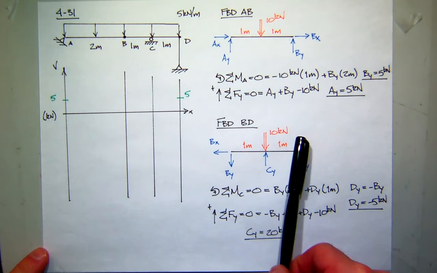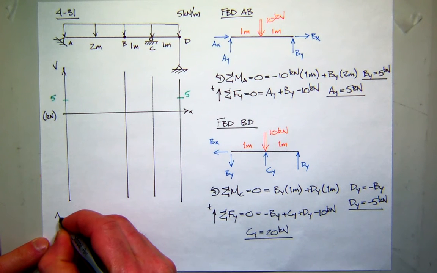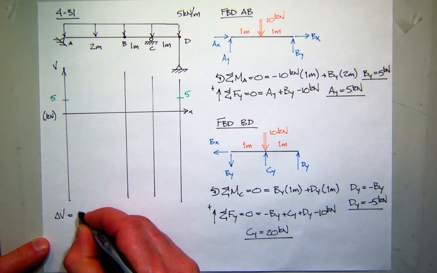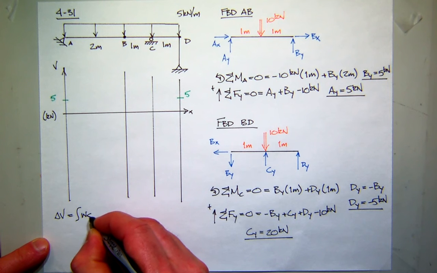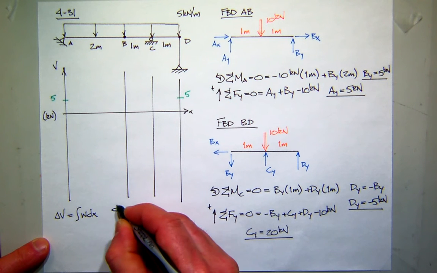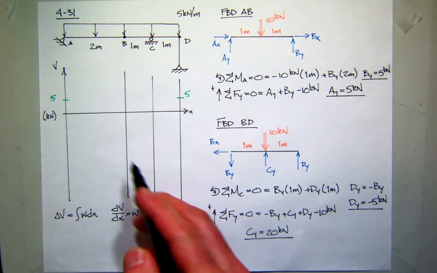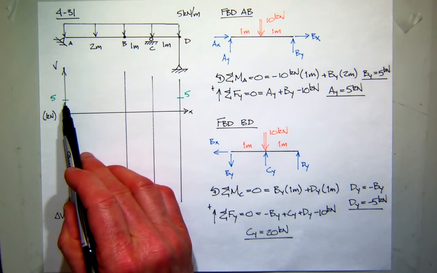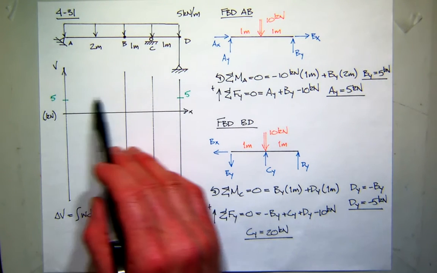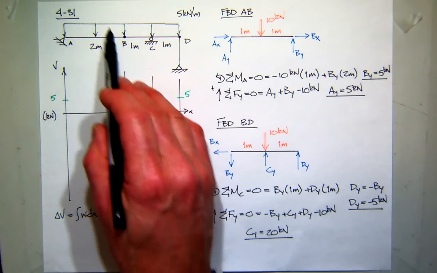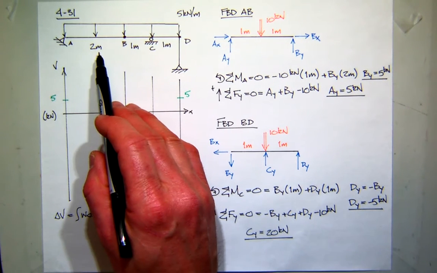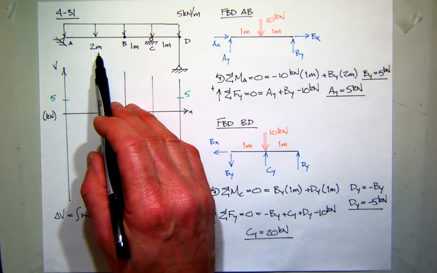I've kind of run out of room here, so I'll have to do it down here. So remember, our change in shear is the area under the load diagram, and the slope of the shear diagram is equal to the load. So starting here, what's the change in shear from A to B? It should be the area under this part of the curve, right? And what is that area?